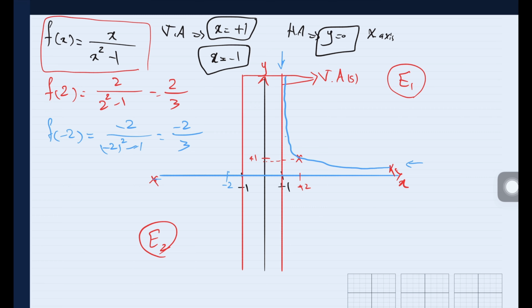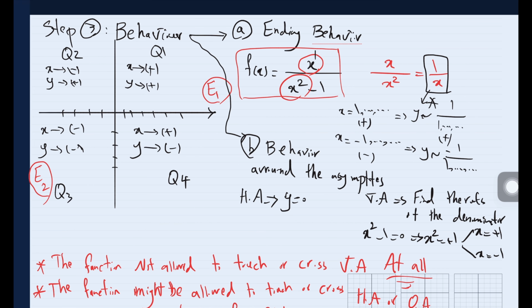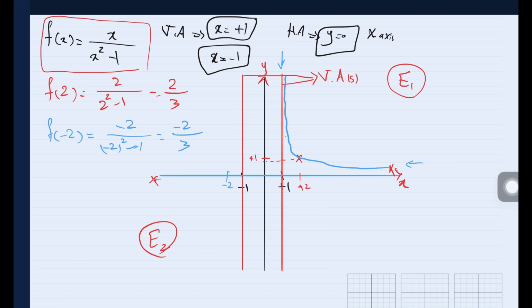If you look at this also, for any x, if x is negative, then y is going to be a negative number. So I have -2 over 3. Imagine this is -1, and then this is going to be almost -2 over 3, which is this point.